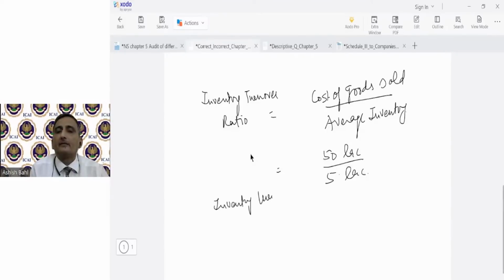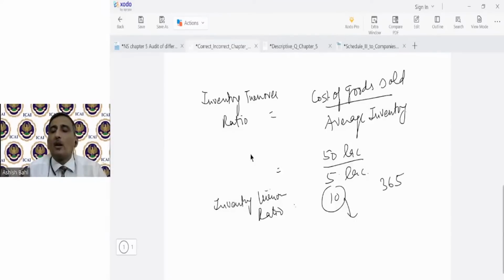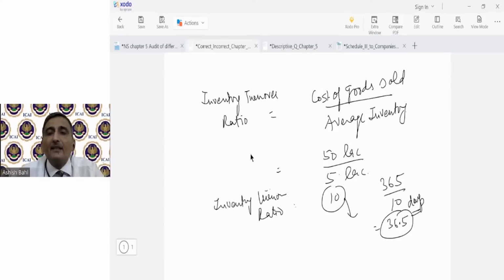Sorry, not 10 lakhs, it is 10. I had told you that we can also calculate it in number of days. So the inventory turnover ratio in number of days comes to 36 days. So what does this mean? This means that the company's stocks are being rotated very fast in 1 month.